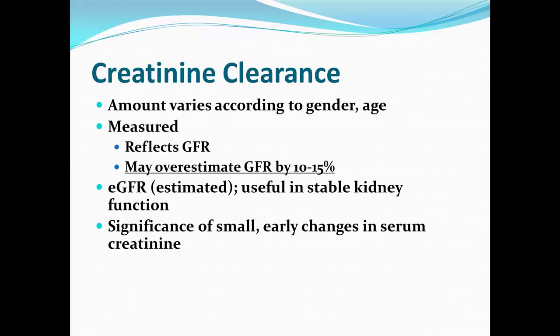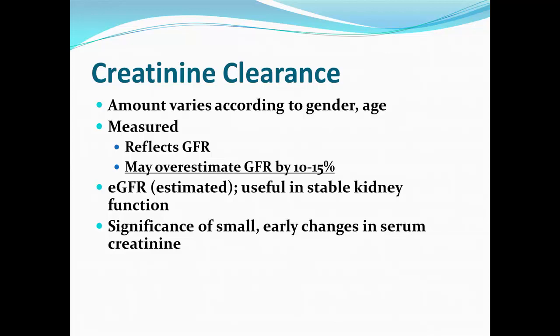And because we're looking at how well the kidneys are able to clear the creatinine from the blood, a creatinine clearance can overestimate a true glomerular filtration rate by 10 to 15%. Well, why does it do that? Because the tubules have the ability to filter a higher solute load when they are under stress. And it also takes time for this creatinine to actually increase.